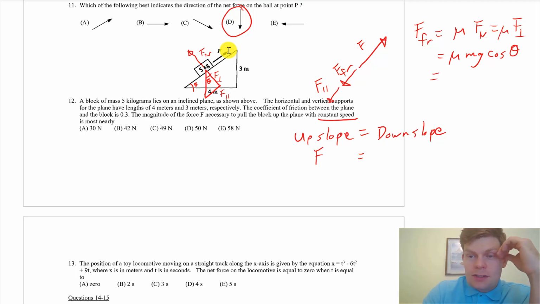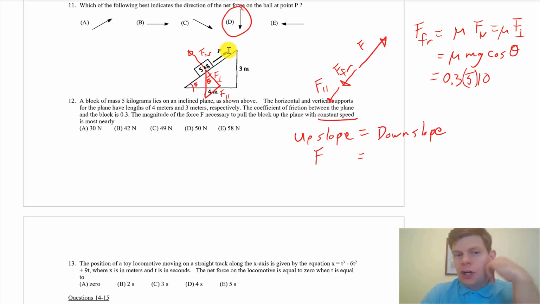In this case, we've got mu of 0.3, it's 5 kilograms, gravity's like 10 meters per second squared, but the cos is actually quite interesting. Usually we go from angle to ratio of the sides, but right now we can just go straight for the ratio of the sides.